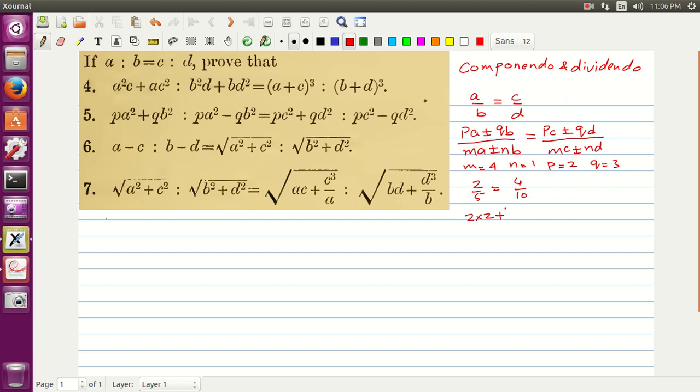Suppose in the numerator we add plus Q times 3, so 3 times 5, divided by M times A, so 4 times 2. Now let us say we subtract minus 1 times B, so minus 1 times 5.